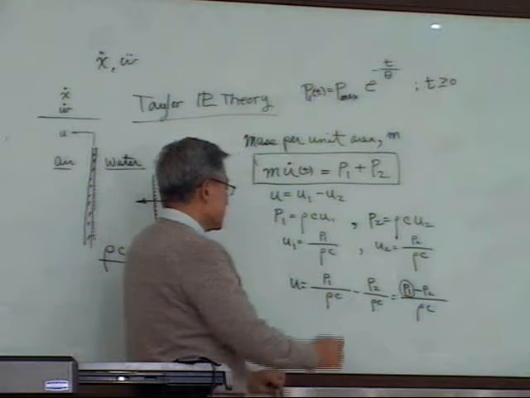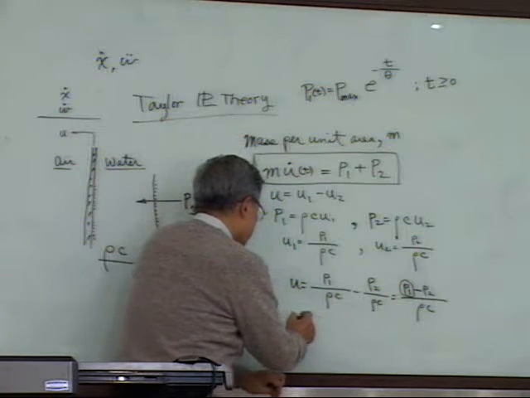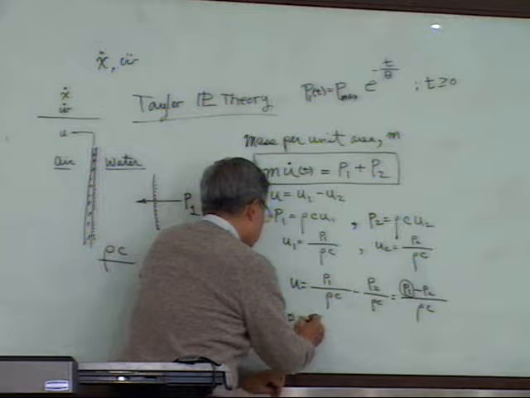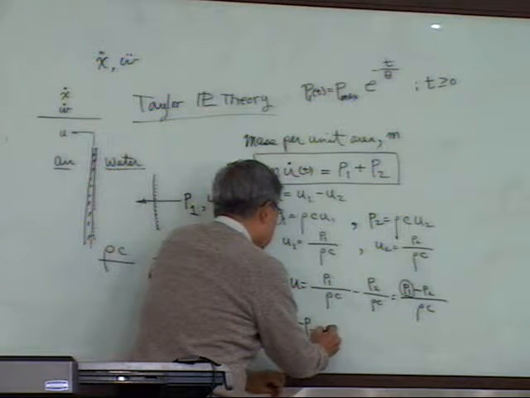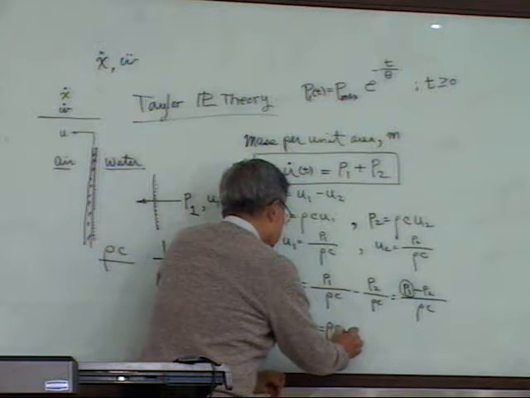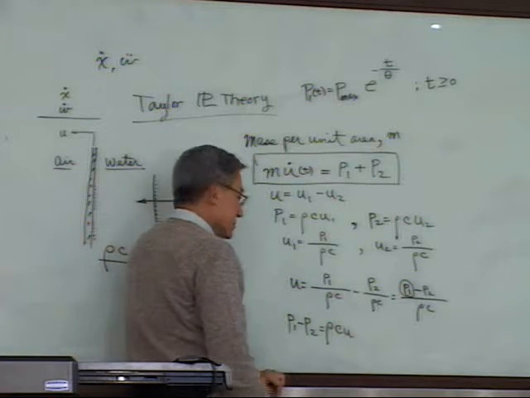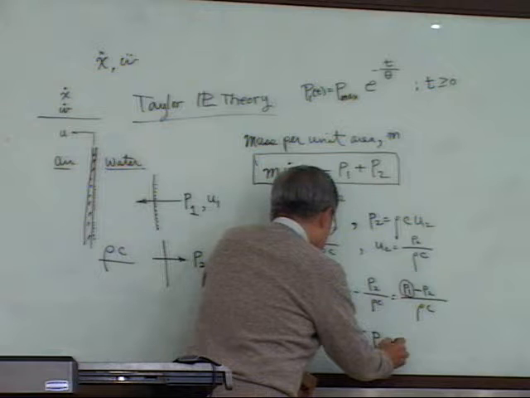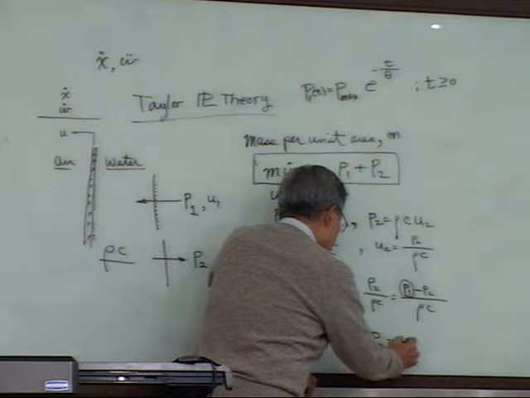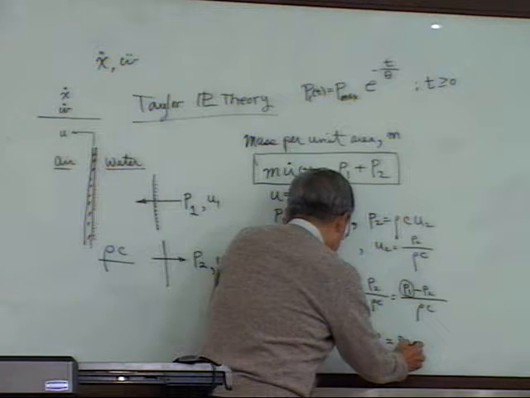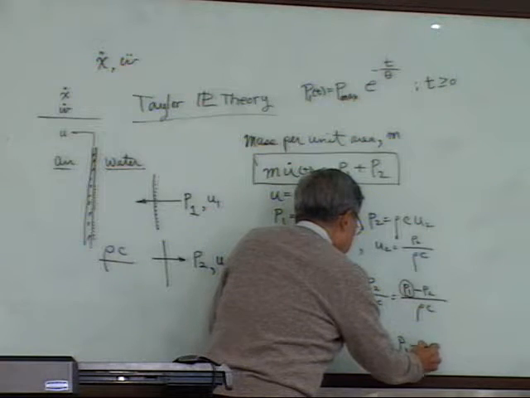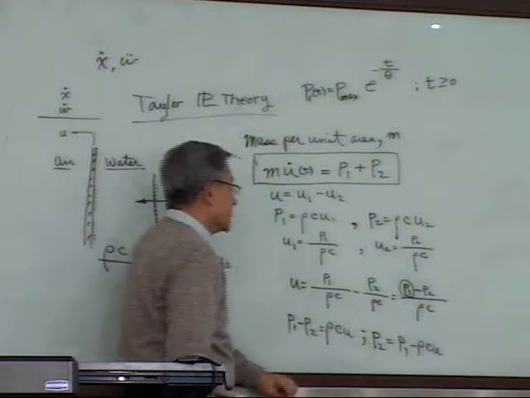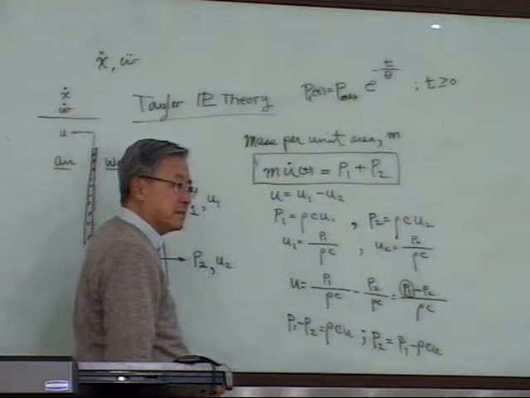So from this, P1 minus P2 is equal to rho C U. So from here you can find the unknown, P2 is equal to P1 minus rho C U there.